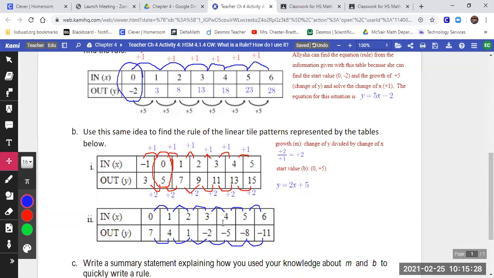So what's our change going on along the top? What's happening over and over and over on the top? Adding 1. Yep. Okay. How about the bottom?